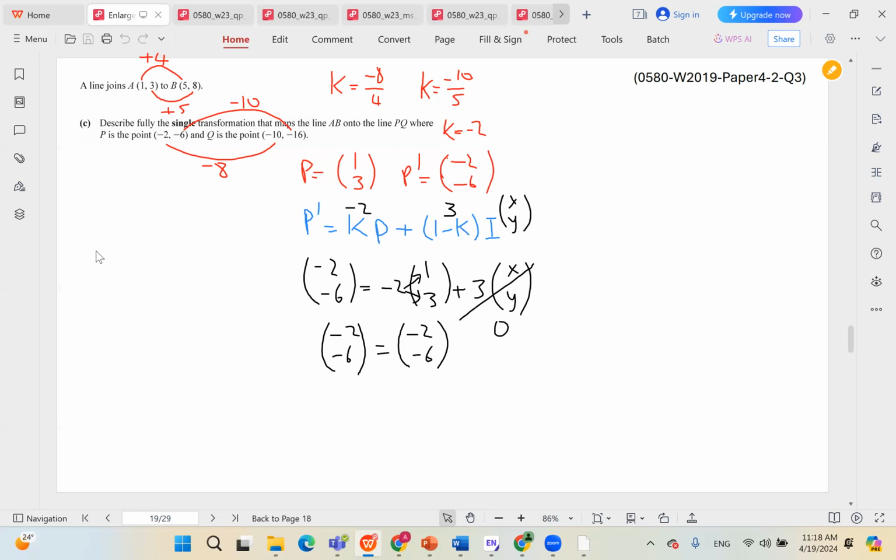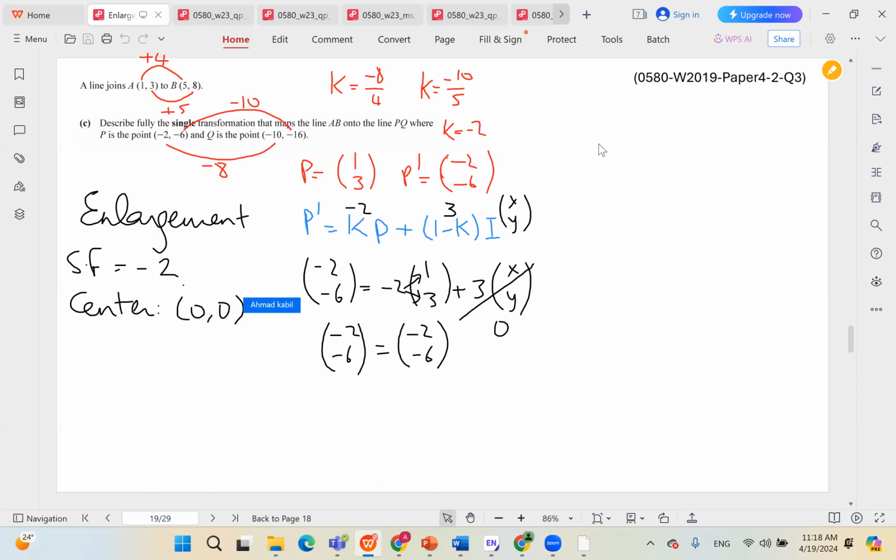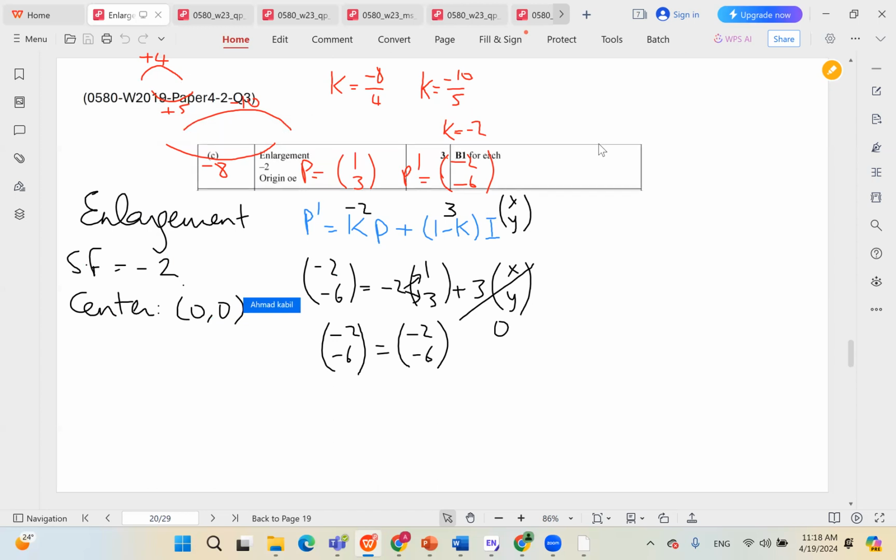So the answer is enlargement, and the scale factor is equal to -2, like we said, and the center is the origin, or 0, 0. Let's check the marking scheme. So enlargement and -2 and origin are the correct answers here.